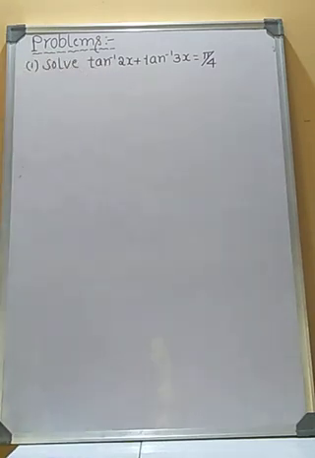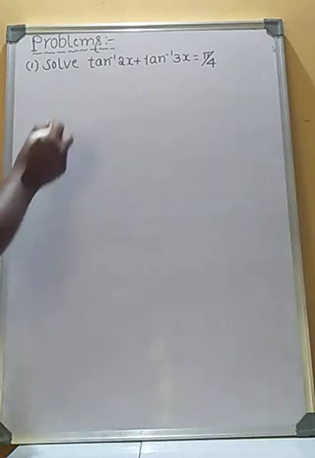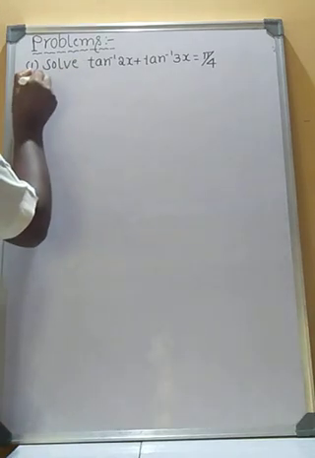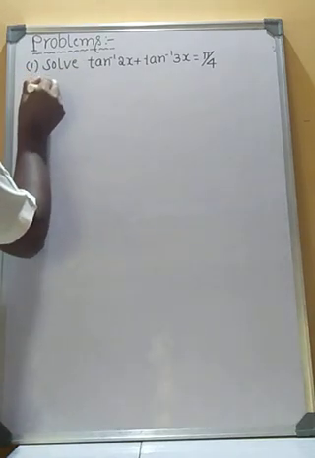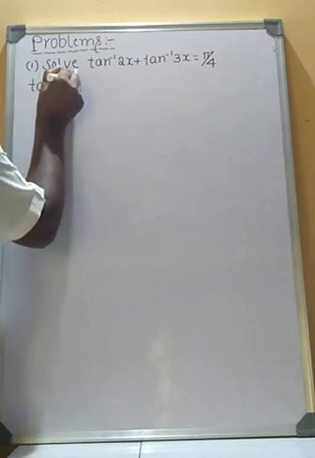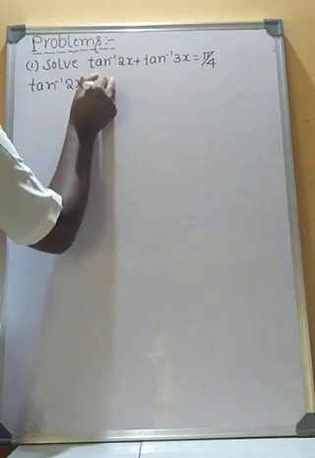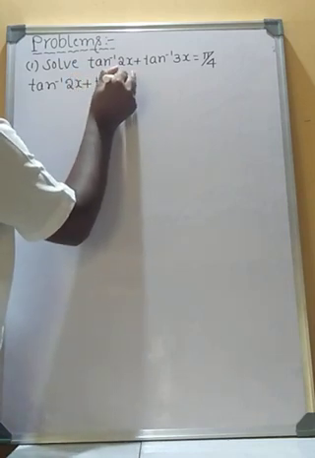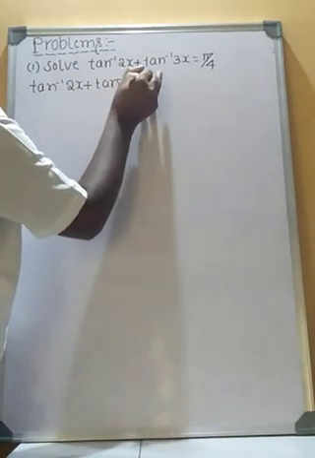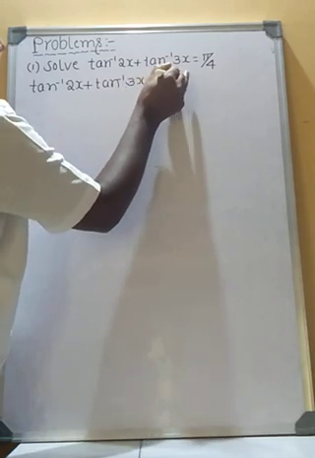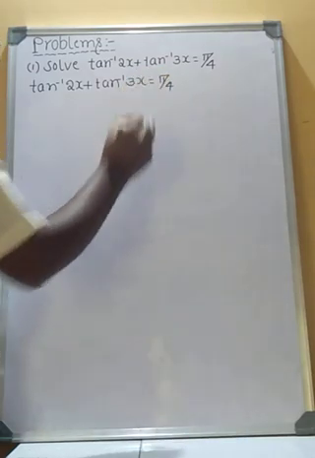Solve for x, or solve this equation. So write tan inverse 2x plus tan inverse 3x equals pi by 4.